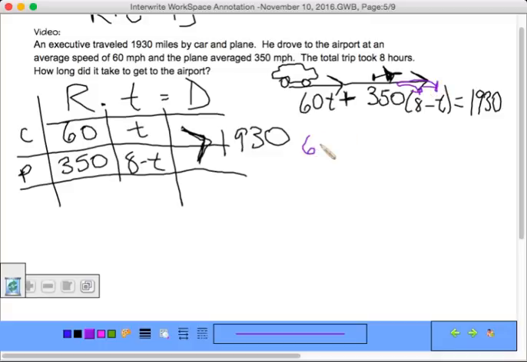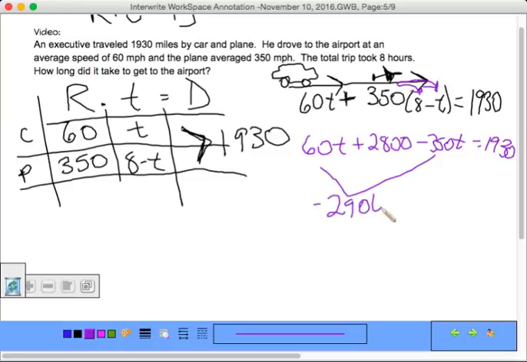And we'll get 60t plus 2,800 minus 350t equals 1,930. Then we can combine our like terms, which gives us negative 290t plus 2,800 equals 1,930.